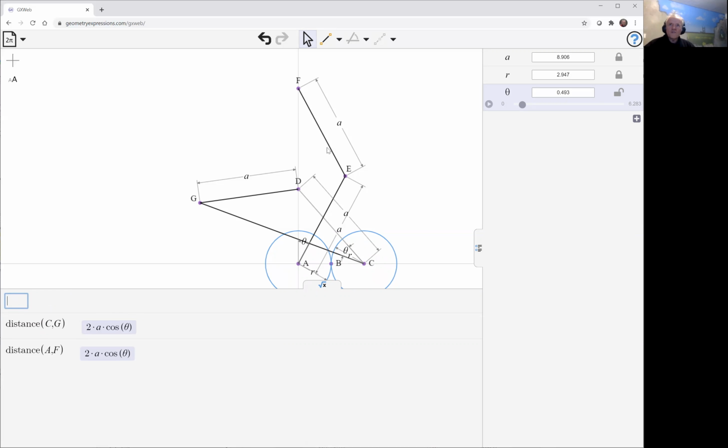Now, all we need to do to complete the mechanism is give ourselves a link here that is perpendicular to the y-axis, and where we maintain the perpendicularity at H. So now let me just change the limits of theta to minus 1.57 to 1.57, and have a look at what the locus of H is.